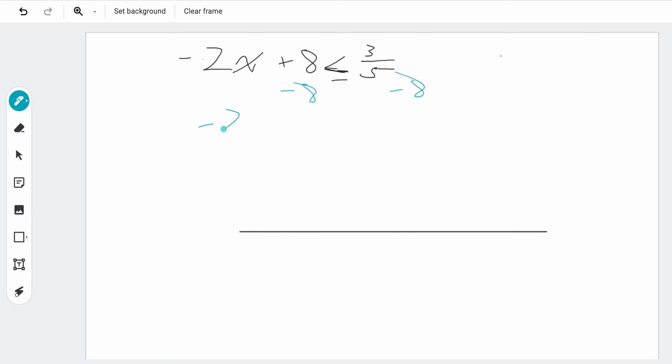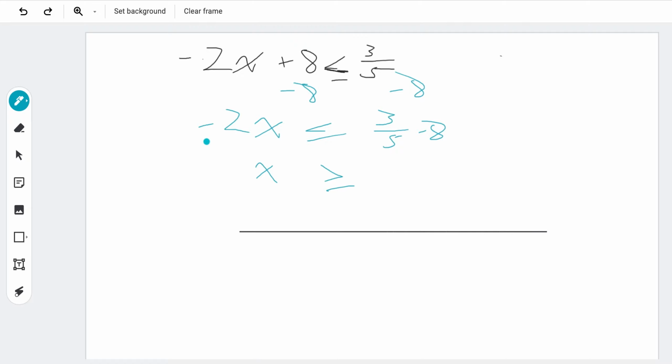So we have negative 2x is smaller or equal to 3 over 5 minus 8. Now, when we divide by negative 2 on both sides, we have to switch the symbol, remember? So let's divide by negative 2 on both sides. We'll have x is greater or equal to. Less than or equal to will switch to greater than or equal to, okay?